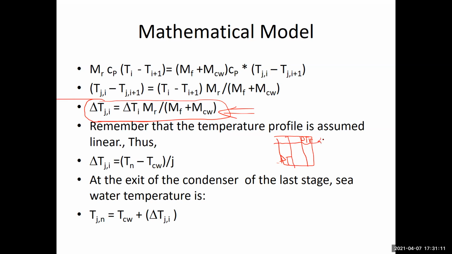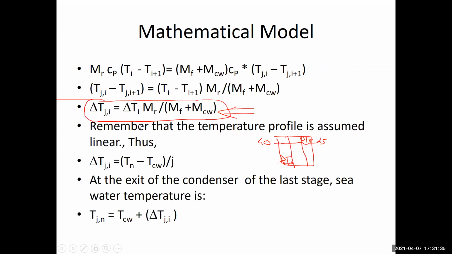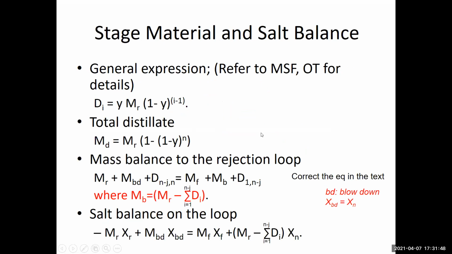For example, if this temperature is 25 and this temperature is 40, then we have a delta T per stage here of 5 degrees centigrade, whereas the delta T here can still be something like 2.5 or 3, depending on the number of stages and the top and bottom temperatures. Actually, there are 3 stages, so you can easily get the value of the temperature at any location. It will be, for example, here the seawater temperature, here seawater plus delta T, here seawater plus 2 delta T, and this is it. So you don't really need a recurrence relation for it, but it's just for the sake of making things complete.